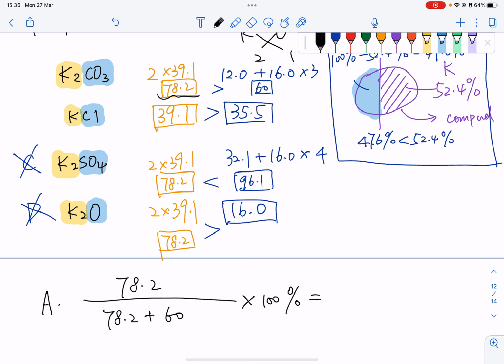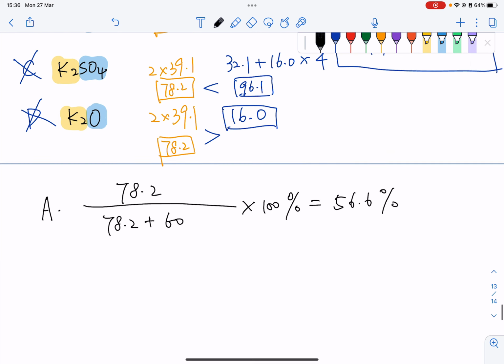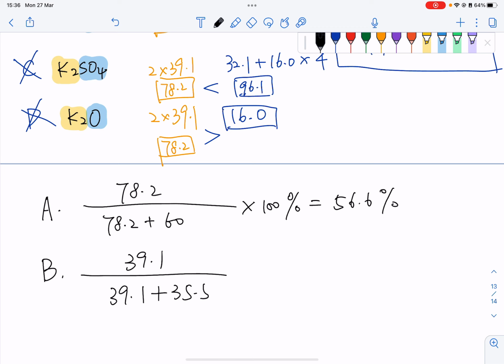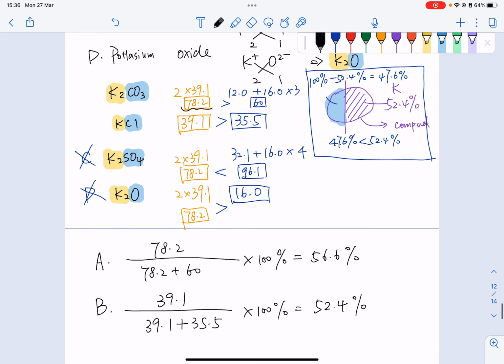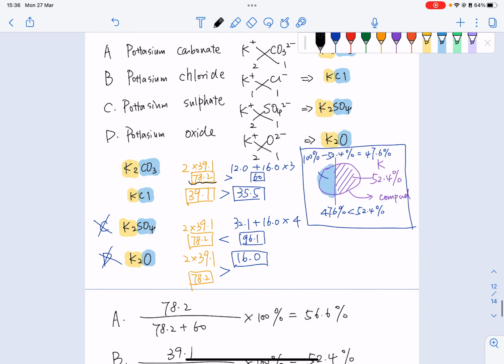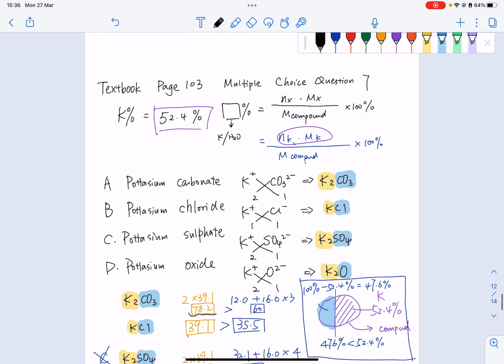This one should be 56.6 if you type it in the calculator. And then for choice B, it will be 39.1 divided by 39.1 plus 35.5, times 100%. So this one will be 52.4.